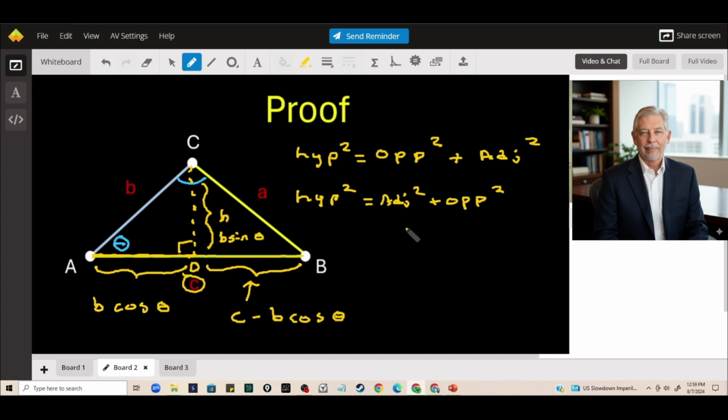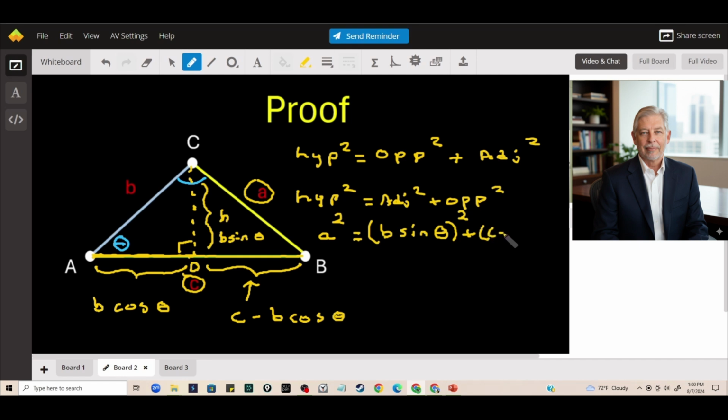So all I have to do, I know that the hypotenuse is just A, and I say A squared, and set that equal to the opposite side, which is B sine theta, and that's squared, plus the adjacent side is going to be what?